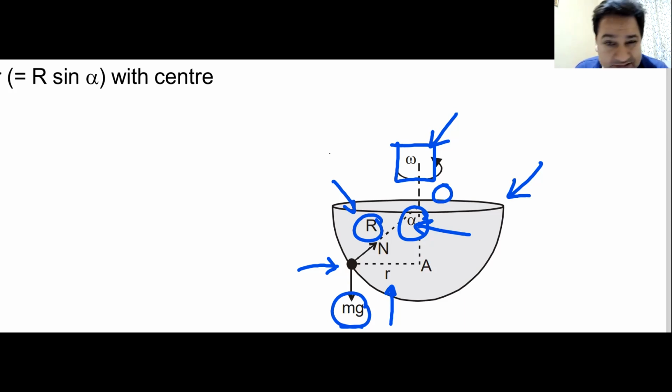I think dimensionally it is correct. It has to be root of g by r cos theta if it has to be correct dimensionally. Did you get g by r cos theta, or did you get root g by r cos theta? If you got root of g by r cos theta, well done. Root over g by r cos theta is the answer. Well done, bacha. Very well done.